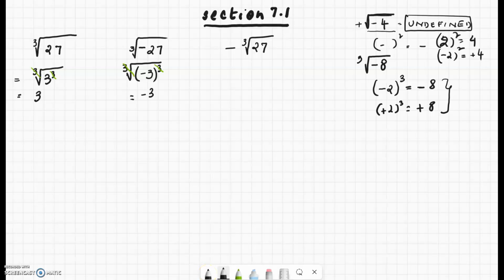Now, a negative cube root, keep the negative outside. It doesn't bother any of these processes. But if the negative is inside, you have to just stop and think for a second. So if you have the negative cube root of 3 cubed, which is 27, then you get a negative 3.